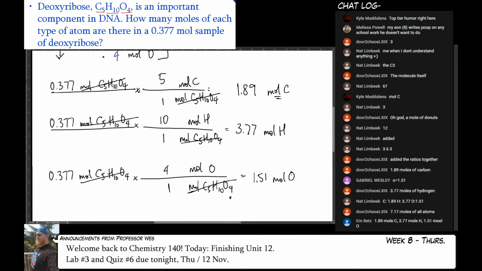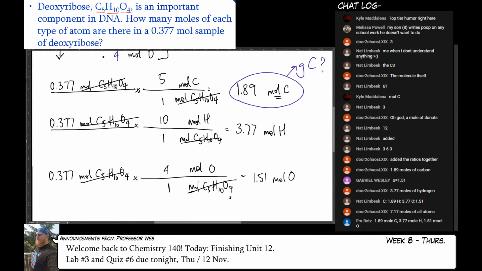But before we go on to the next topic, let's suppose that instead you wanted to know the number of grams of carbon for your answer. So I give you 0.377 moles of deoxyribose. Of that sample that I've given you, how many grams of carbon are in it?